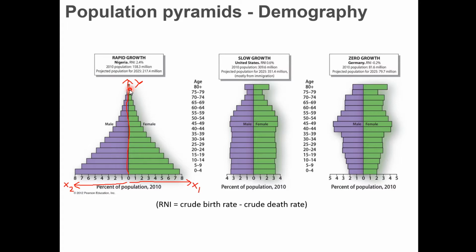With this left one, we see Nigeria, and it's a pretty typical image of some of the poorer nations in the world, what we sometimes refer to as the global south or developing countries, but where there is a large number of young people due to high birth rates and decreasing numbers of older people.